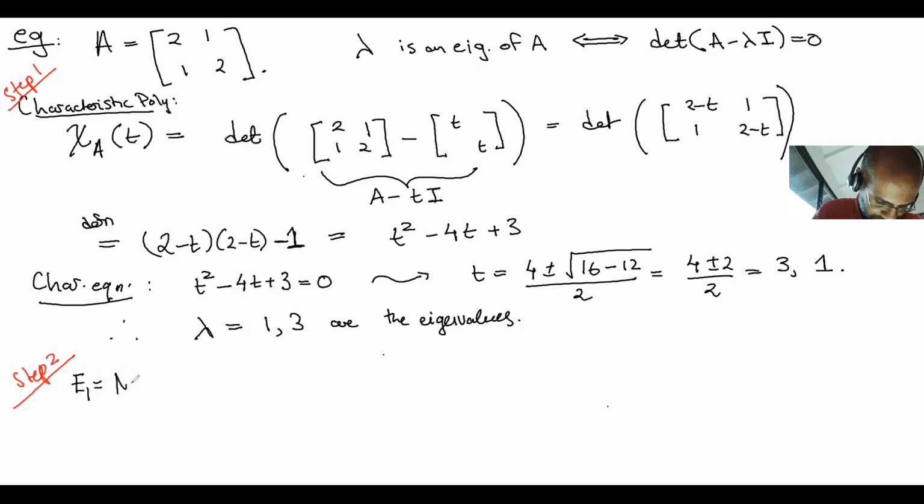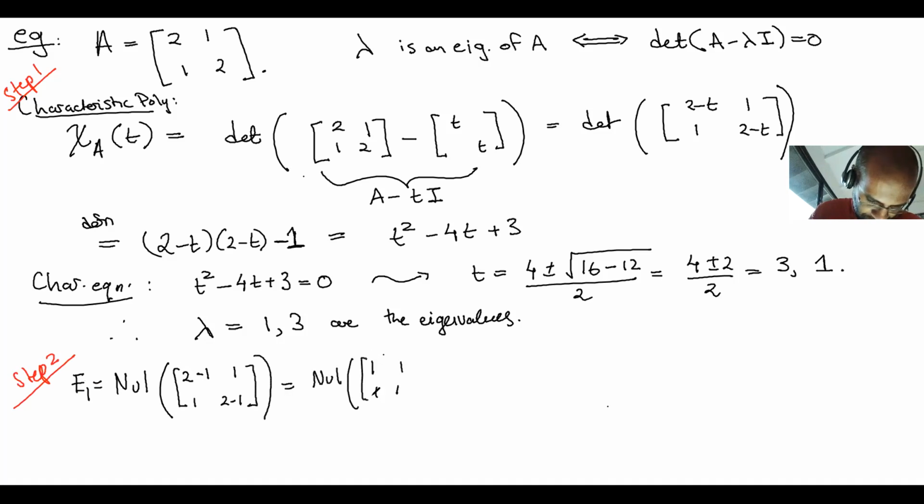E1 is the null space of A minus lambda I, right? So this will be 2 minus 1, 1, 1, 2 minus 1, which is the null space of the matrix 1, 1, 1, 1, which is the span of the vector 1, minus 1.